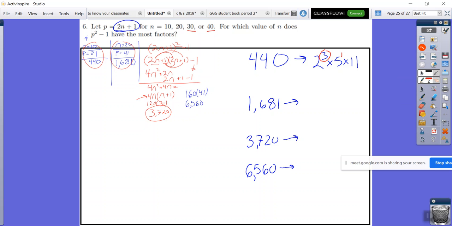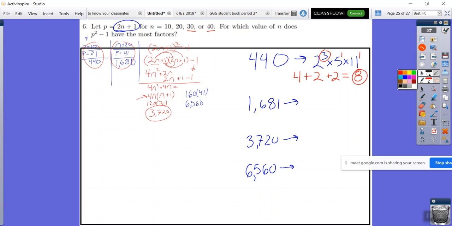How about 11? 1. So you take each one of those exponents and you add 1 to them. So 3 plus 1 is 4, 1 plus 1 is 2, 1 plus 1 is 2. So 440 has a total of how many factors? 8. That's right. So that's how we figure out how many factors there are in a number.